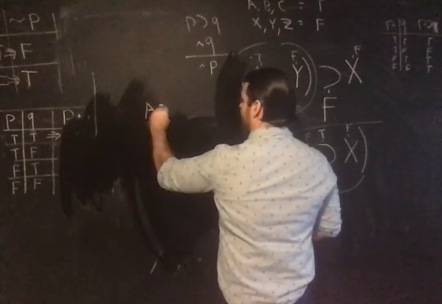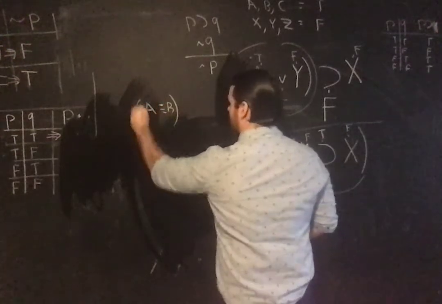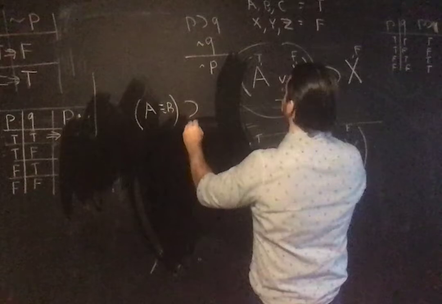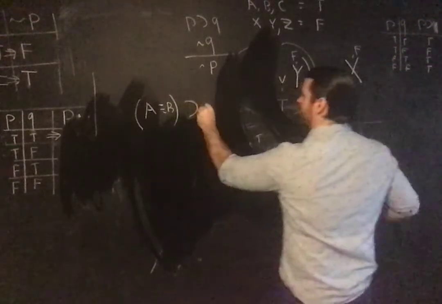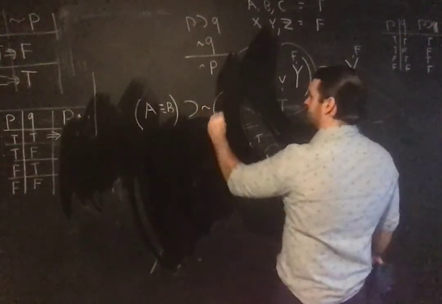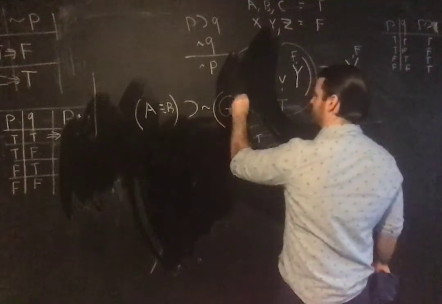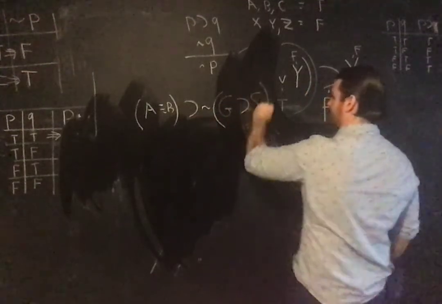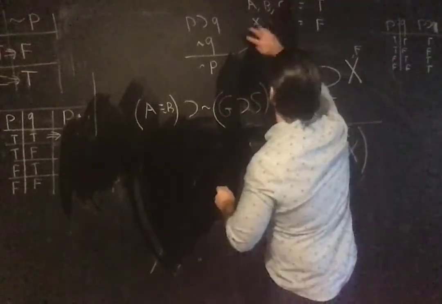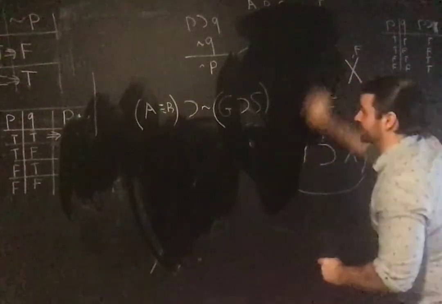A biconditional B, hook, not G hook S. Okay, look at that.